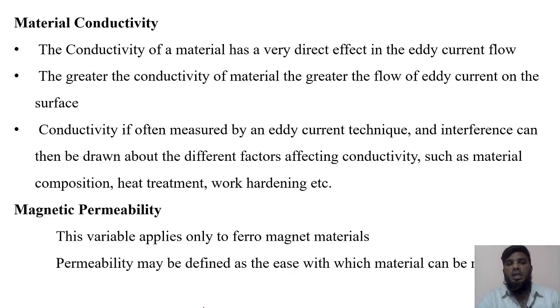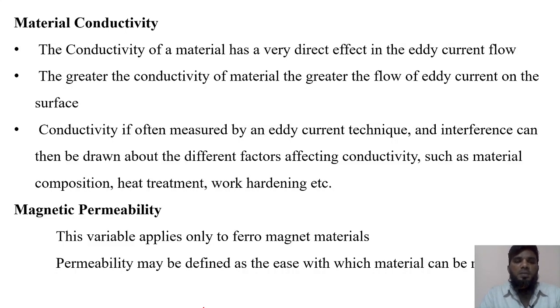If these are done, that may affect the conductivity of the material. When you are doing a heat treatment process, because of the way the atoms align themselves inside the surface, or the grain boundaries, the conductivity of the material may differ. Because of that, the eddy current will also get deflected.